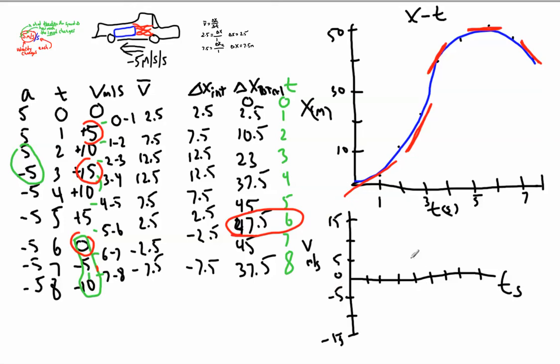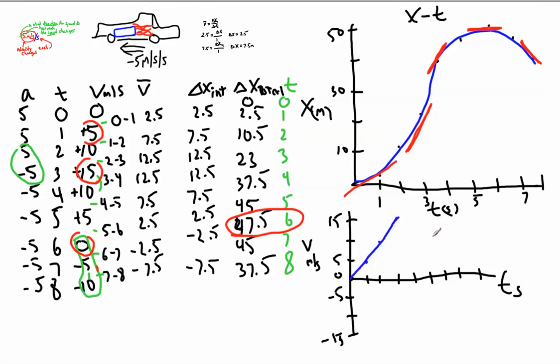Okay, so now we can go ahead and plot a graph for this. So the velocity started out at time 0 at 0, and then at 1 second it was 5 meters per second, 2 and 3 like that.